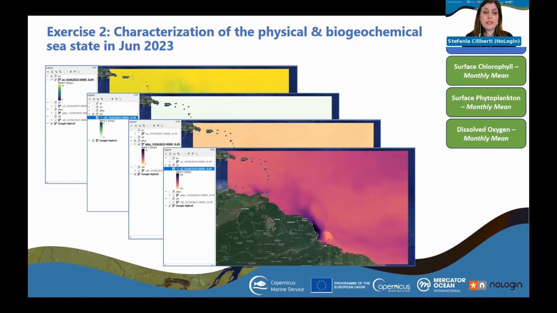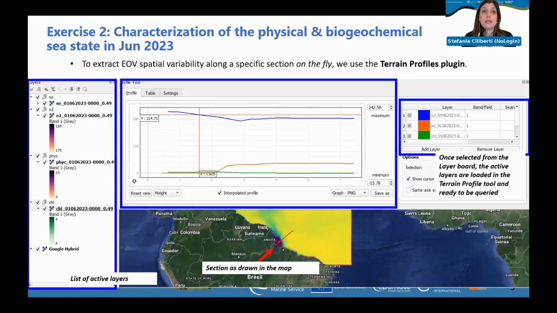So the advantage of having these multiple sources of information directly manageable through QGIS gives us the opportunity for making some more, let's say, combined analysis of the content of the file, and specifically in the target region where you want to extract the information.